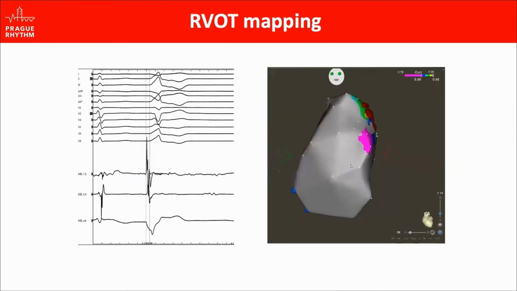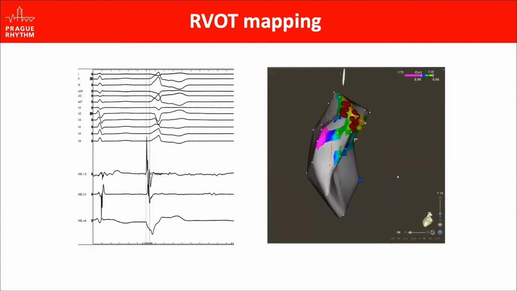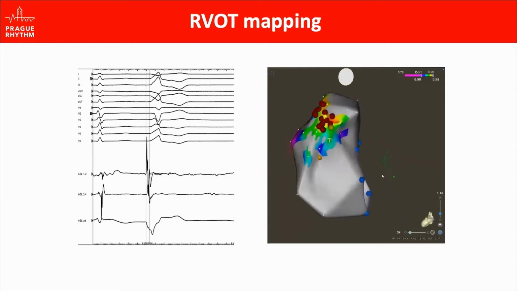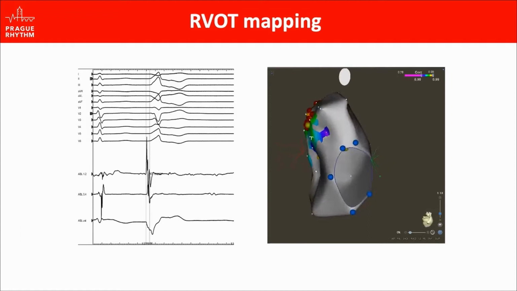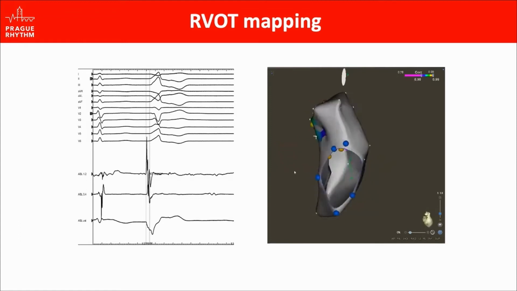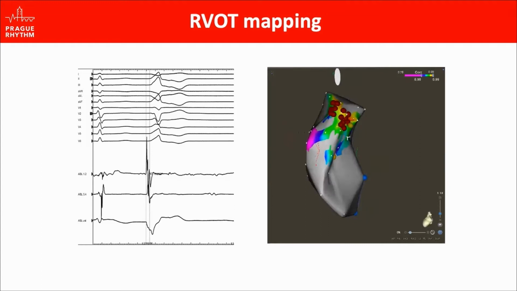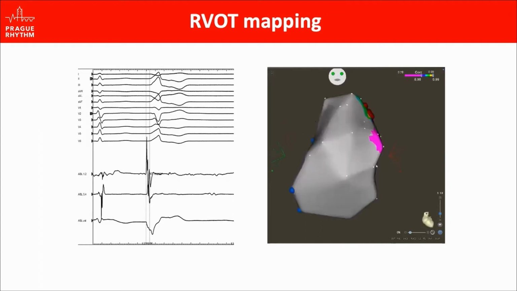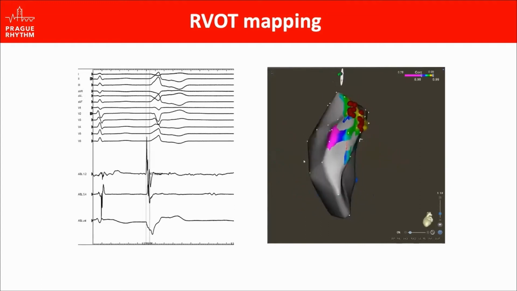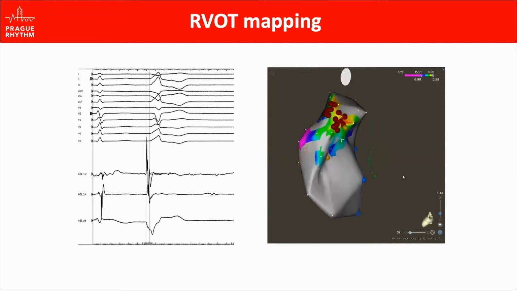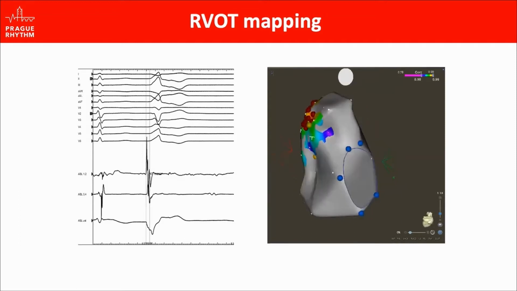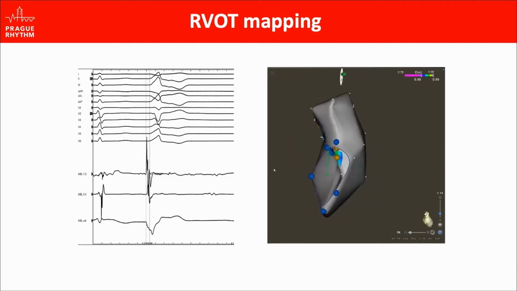So if we have a patient with PVCs coming from the RVOT, we usually start the procedure by creating a basic anatomical shell of the right ventricle. We tag the His bundle, tricuspid annulus, and also the pulmonary annulus.